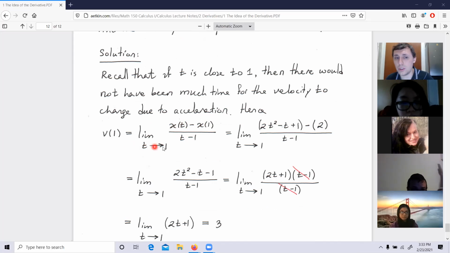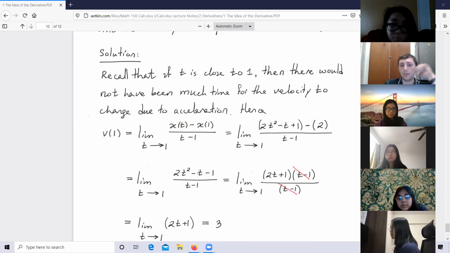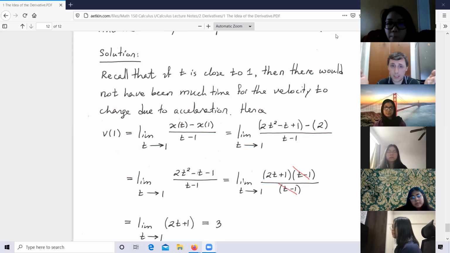And why do I push t towards 1 in this case? Could you explain to me? Remind me, why push t towards 1? What's the philosophy here that I'm thinking about? You see, I get the same formula, but a different philosophy, so it seems. Why do I push?